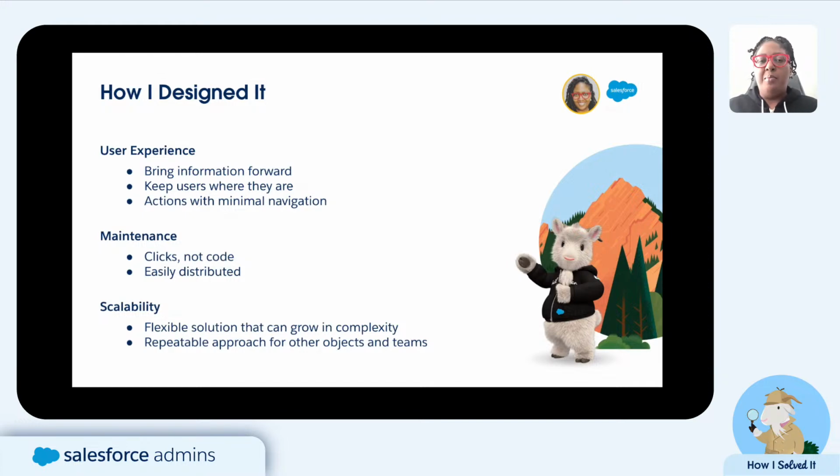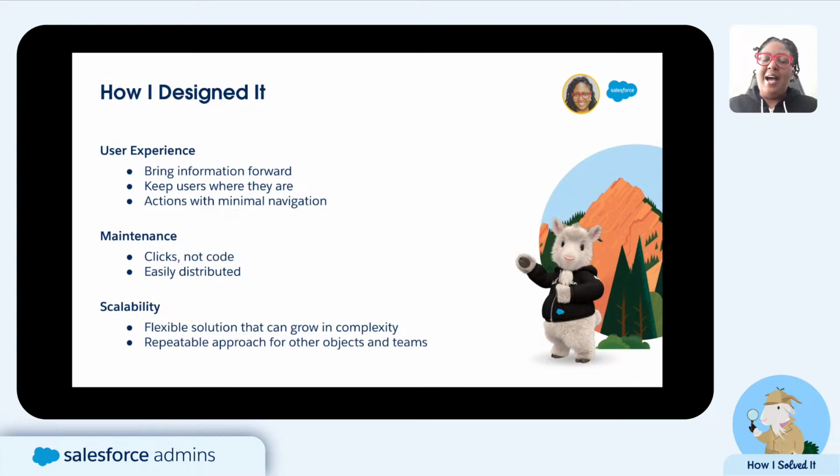So when those opportunities are presented, I want them to be presented in an area that the user frequents often. And this also ties into the last point where there are actions that can be taken with minimal navigation. So if the team is consistently on opportunities, I want the action to be taken from opportunities.